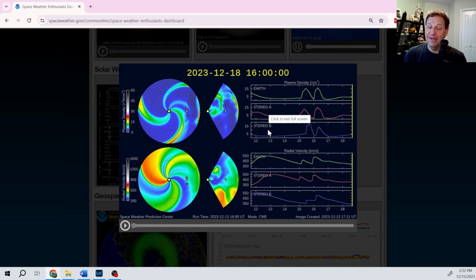Apparently, I haven't confirmed that, A and B might actually mean ahead and behind, because they were launched in opposite directions. One's going clockwise around the sun, the other counterclockwise.